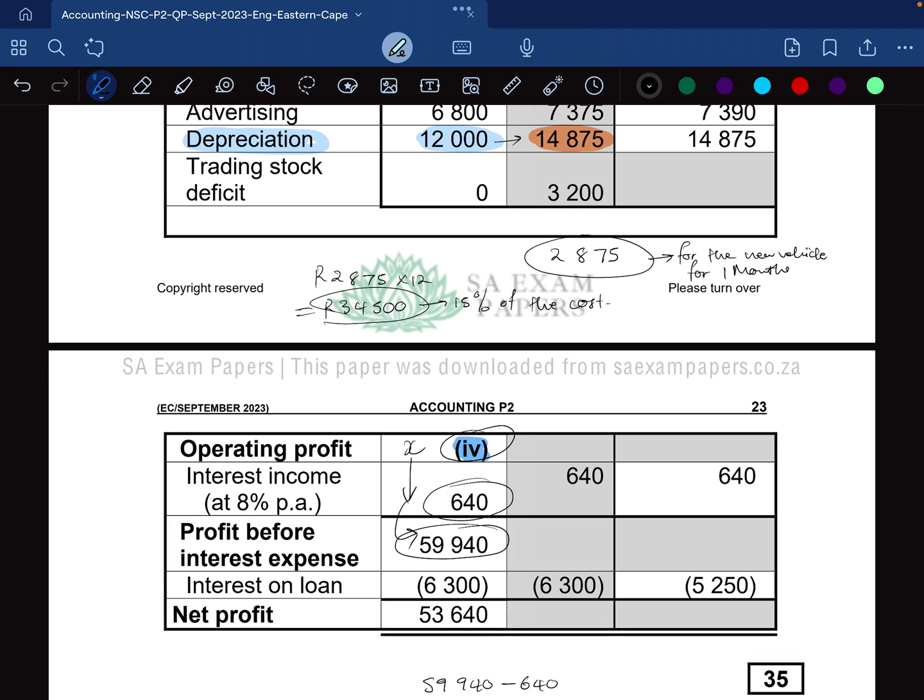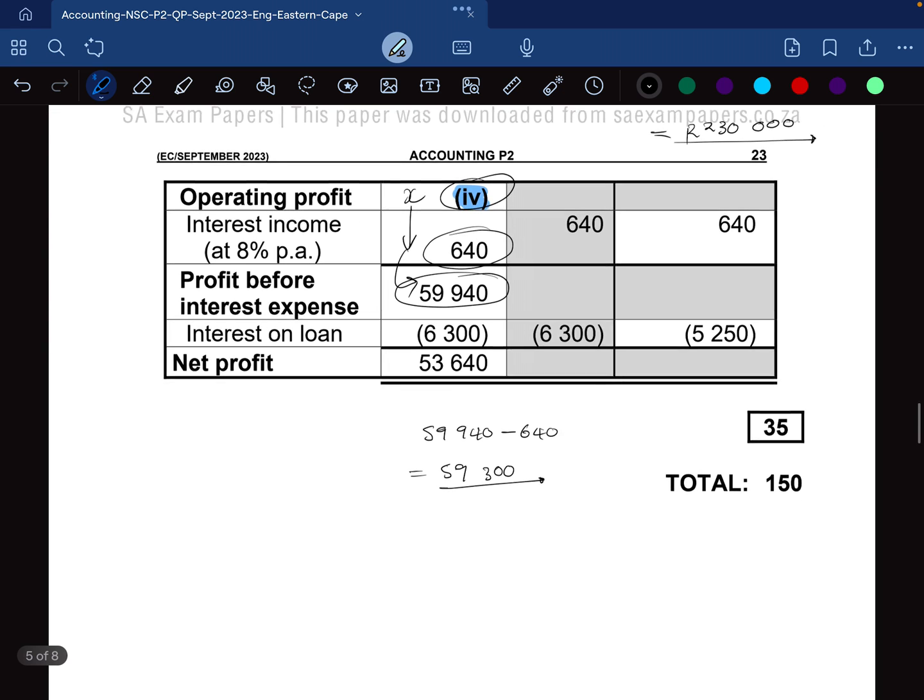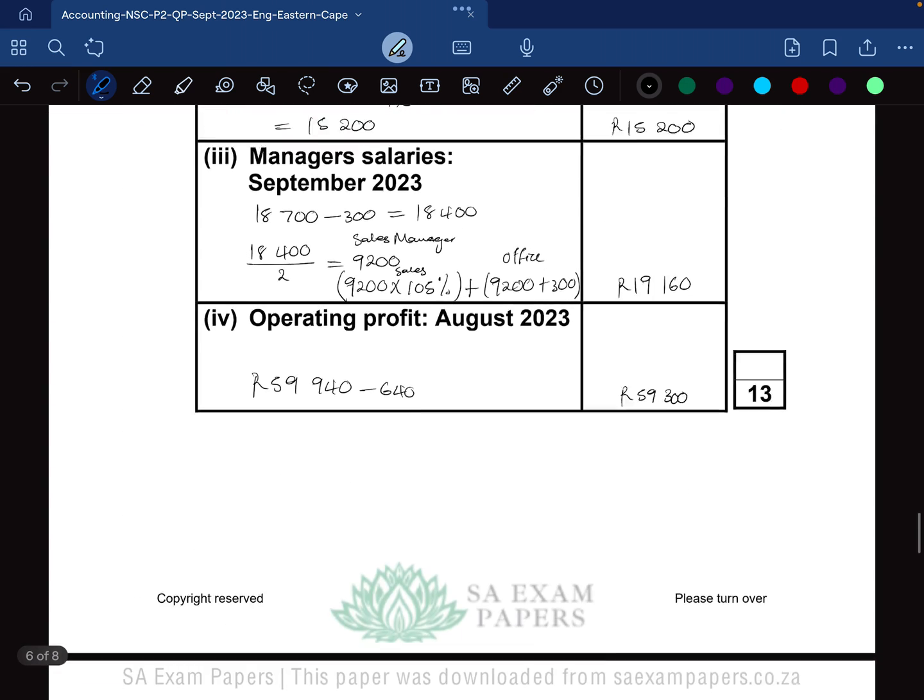Now the cost of the vehicle would then be what we want, which is 100, over what we know, which is 0.15, which is 15%, multiplied by the amount of depreciation. And then let me just have the answer here. So it's 100 over 15 multiplied by 34,500. Then the cost price is 230,000. Okay, so the cost price is 230,000.